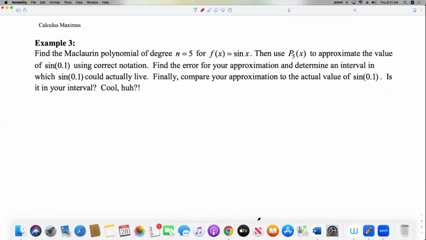All right, let's get started. So let's find the Maclaurin polynomial. Right here, they told us it's Maclaurin, so I know that my center is going to be 0. So it is centered at 0 for a degree n. What this means is that I am going to be finding 5 derivatives for sine of x. Then I'm going to use that approximation to approximate the value of sine of 0.1.